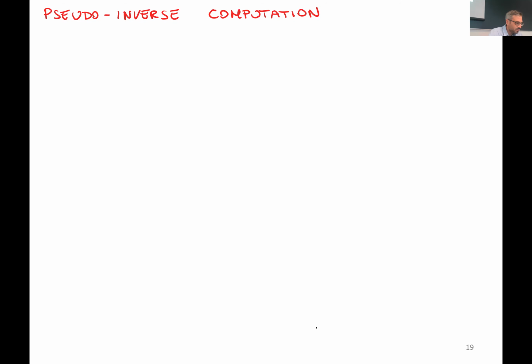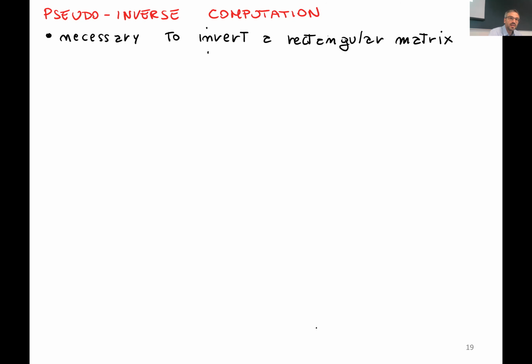But the question now is how to compute these pseudo inverses that we defined, and we need to understand how to compute them. So first, the pseudo inverses are necessary if you want to invert a rectangular matrix, because the inverse of a matrix exists only in the square case.